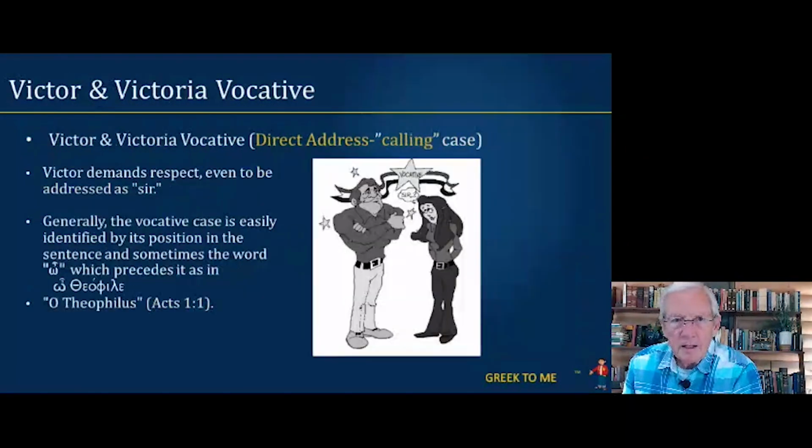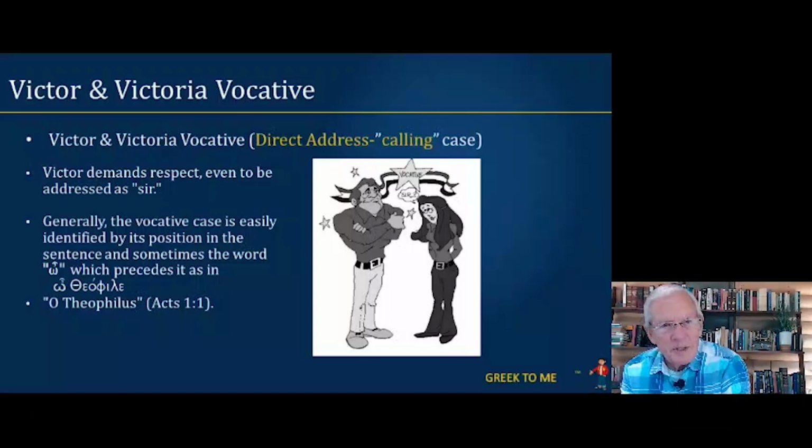And finally, we have Victor and Victoria, vocative. This is the case of direct address. It's the calling case. Here, Victor demands respect, even to be addressed as sir.